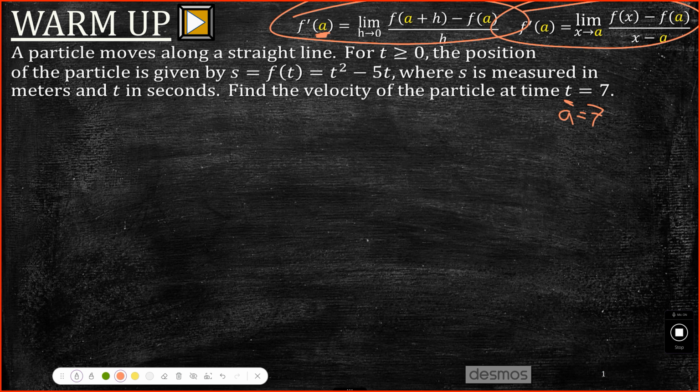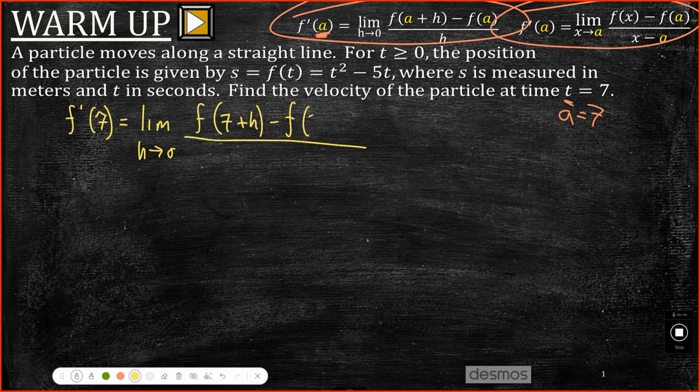Let's go ahead and do that. f prime at 7 is going to equal the limit as h approaches 0 of the function f of 7 plus h minus f of 7, all over h.